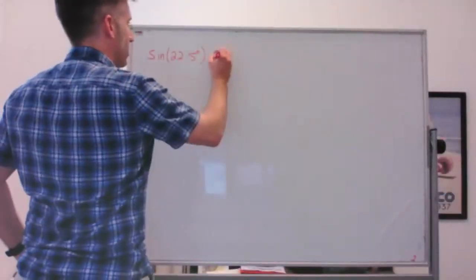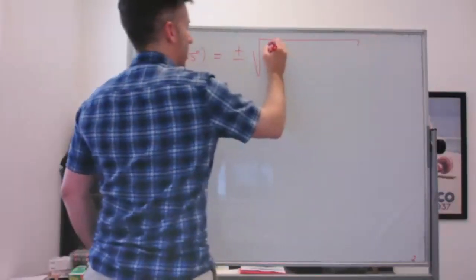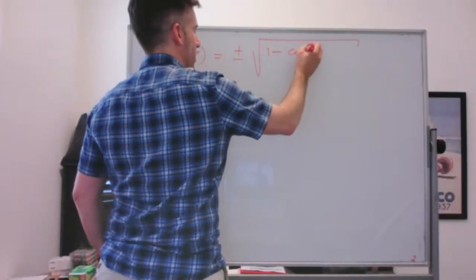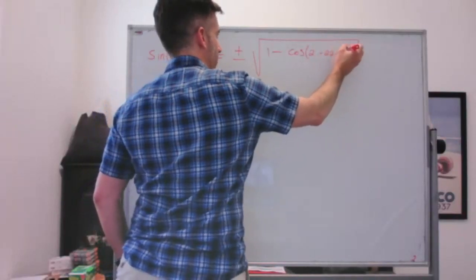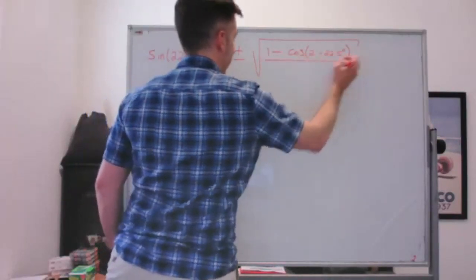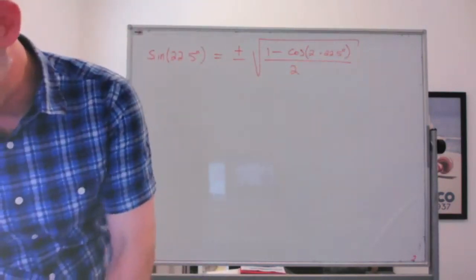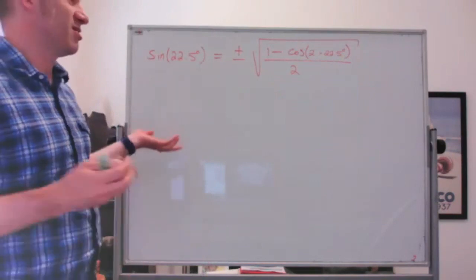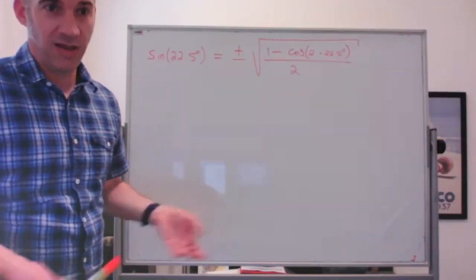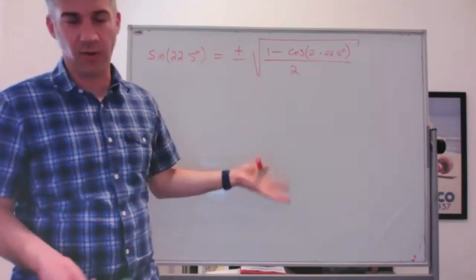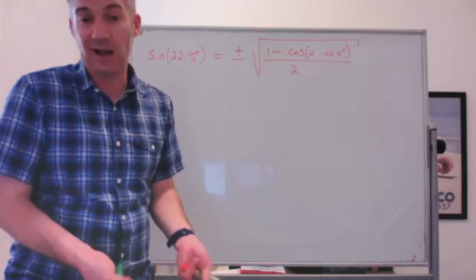So it's going to be plus or minus the square root of 1 minus cosine of 2 times 22.5 degrees, all divided by 2. Now, the lame part about this is that there's a lot of simplifying that we should do. If you know the formula, the actual figuring out of it is not that hard.